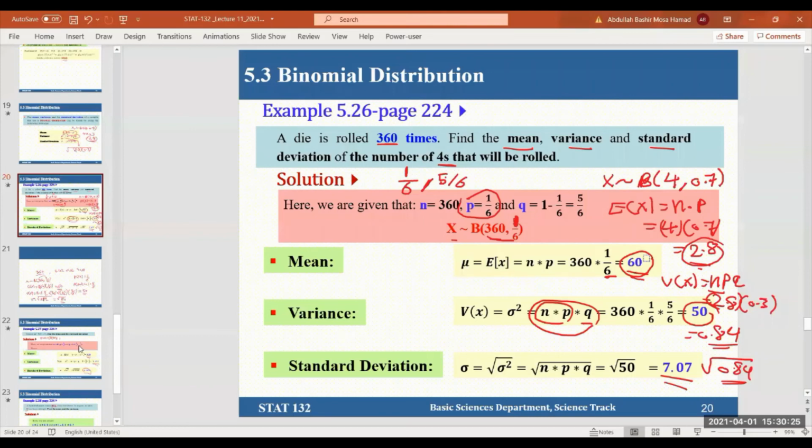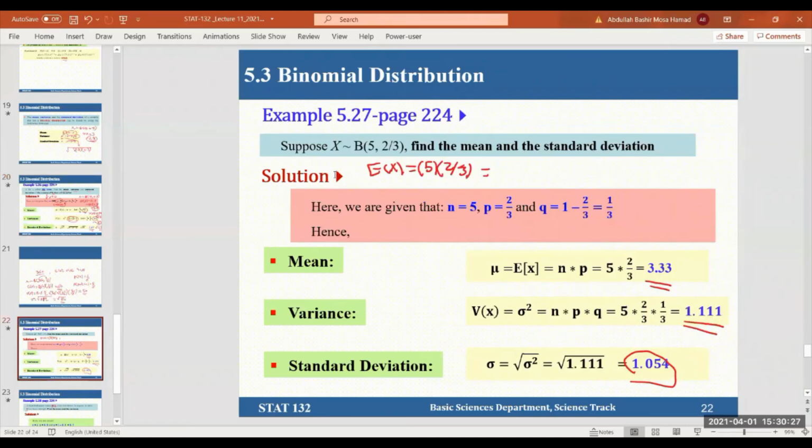Let's take another example. Suppose x is distributed binomial with 5 and 2 over 3. This is n and 2 over 3 is p. So n equals 5, p equals 2 over 3, and definitely q equals 1 over 3.